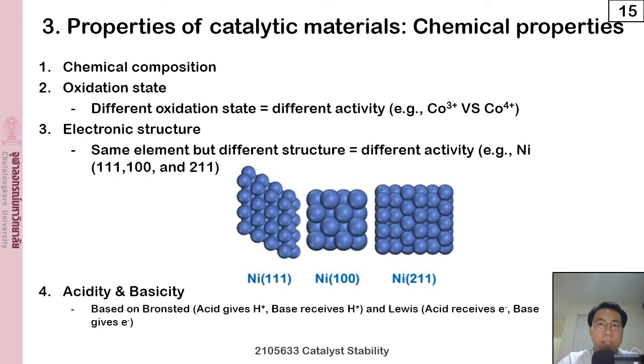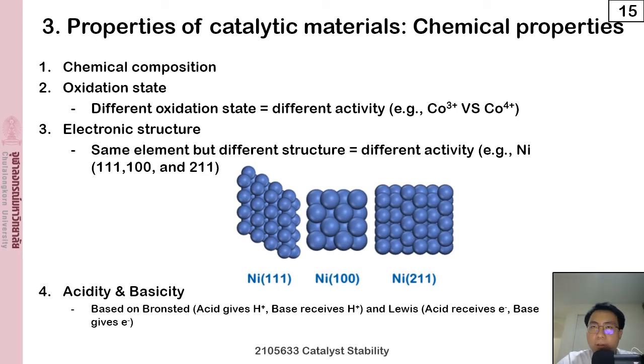The second property is the chemical properties. There are 4 of these properties that I would like to mention. The first one is the chemical composition. The composition of the particles of the catalyst mainly tells you what elements are in the catalyst.